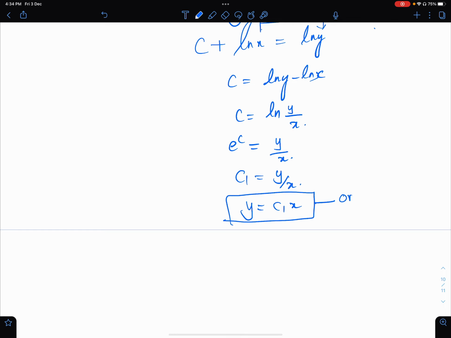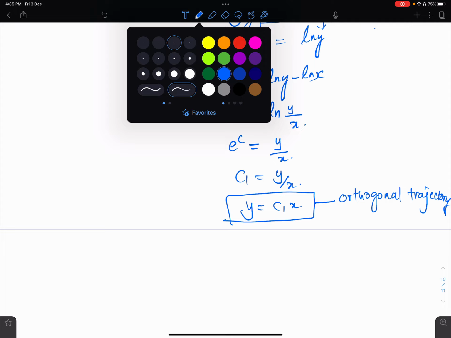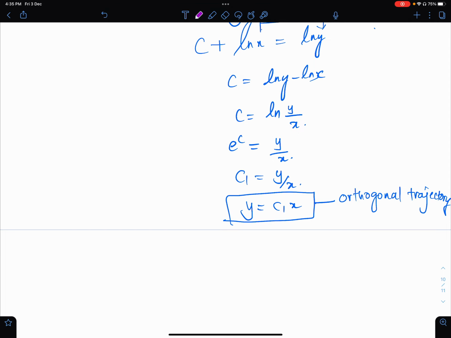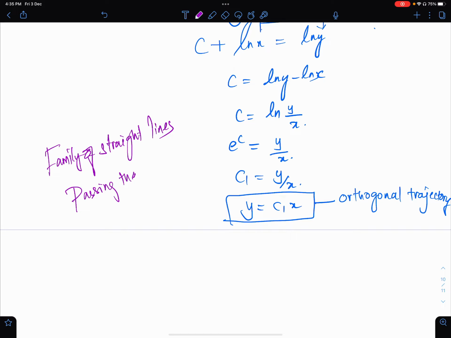But what is the nature of this? This is the orthogonal trajectory. But what is this? This is nothing but the family of straight lines passing through the origin.